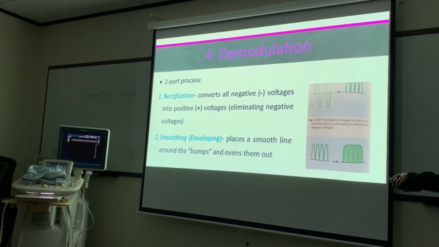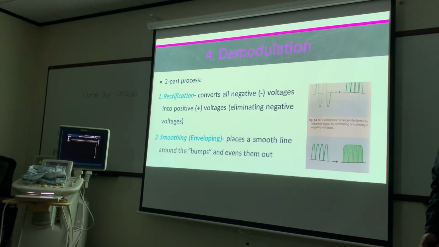Okay? See, it's going down. We don't have a smooth line around the bumps. This has everything to do with the signal being consistent, that it's increasing at the same rate and it's decreasing at the same rate. It's not increasing and decreasing at different times. Okay?